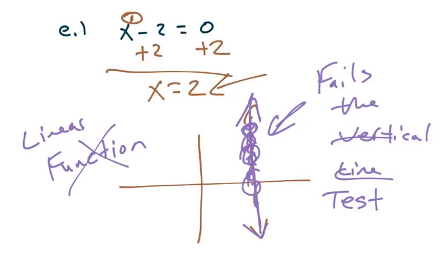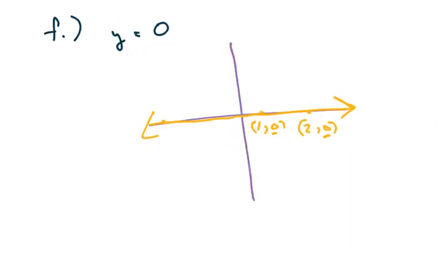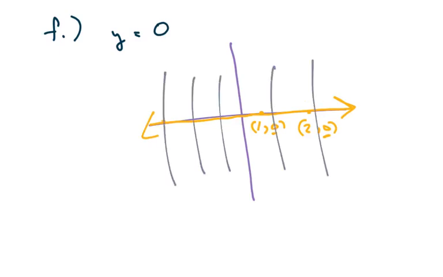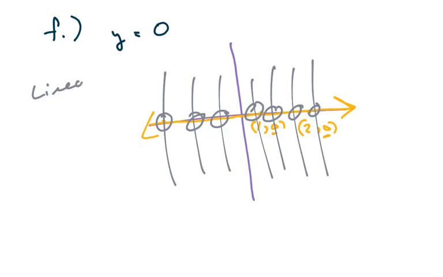Similarly, I should have made this point earlier, x equals 2 means the collection of points that have an x value of 2, right? So this one, if we test it with the vertical line test, it's pretty clear that no matter where I drop vertical lines, they're always going to touch once. So this actually does pass the vertical line test, and hence is a linear function.